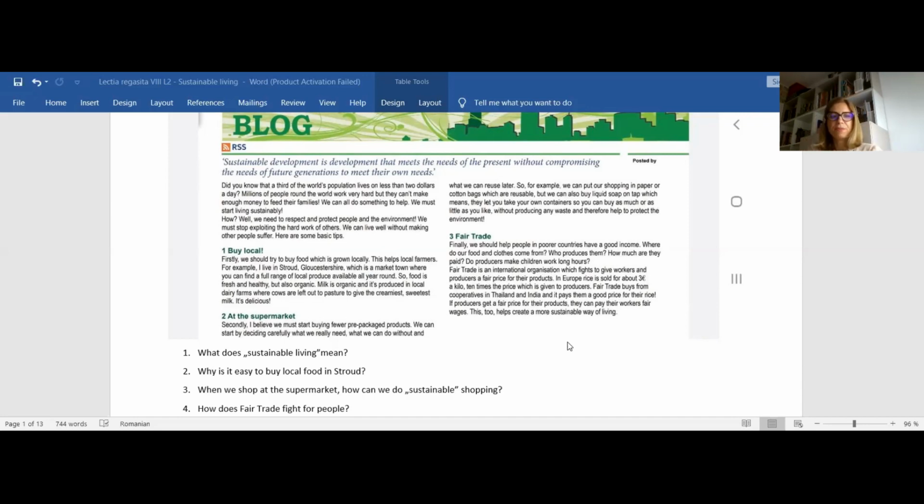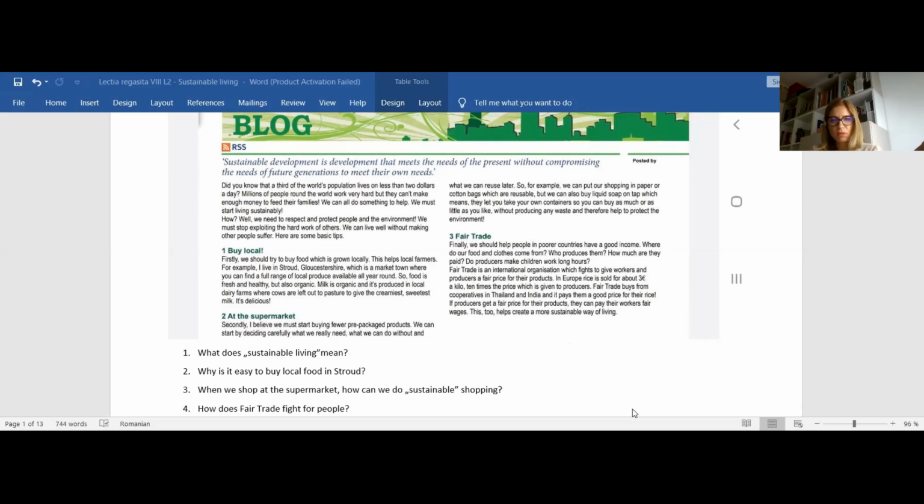Green Mark's blog. Sustainable development is development that meets the needs of the present without compromising the needs of future generations to meet their own needs. Did you know that 1/3 of the world's population lives on less than $2 a day? Millions of people around the world work very hard, but they can't make enough money to feed their families.